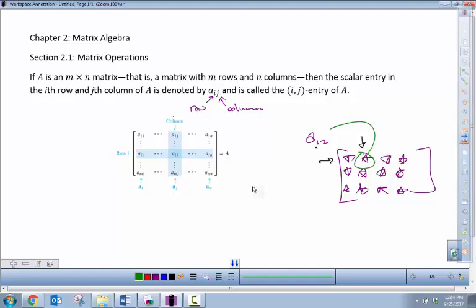A good example of that would be RGB in a picture. Each pixel in the picture would be the strength of the color, right? And so the picture is 2-dimensional. Say you had a 100 by 100 pixel picture, and then each pixel would have an R, a G, and a B. So that would take your 2-dimensional picture and have 3 different matrices representing that, one for the intensity of the red, one for the intensity of the green, and one for the intensity of the blue.